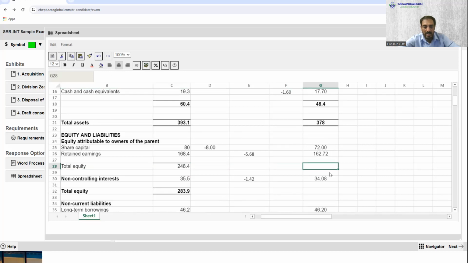Number one, total equity. Okay. NCI and plus this, 268.